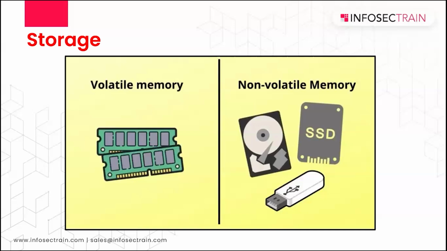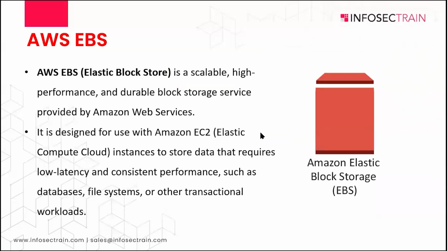Like in non-volatile storage such as your hard disk, SSDs, and the pen drive, whether your system is restarting, rebooting, or you have shut it down, the data remains intact in your hard disk. The same applies with the EBS as well, the Elastic Block Store, right? So it is like a virtual hard disk and falls under the non-volatile category where you can store the data for a longer duration of time.